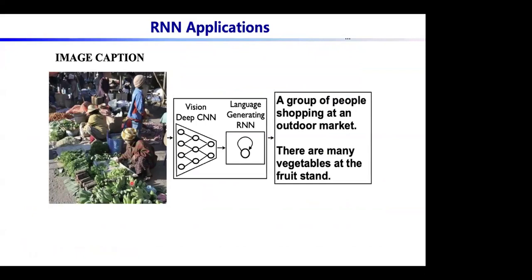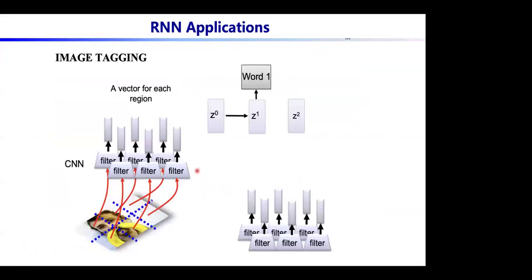The next application is image captioning. Image captioning means that we input an image and then we output the caption sentences and words, those kinds of things, like these examples. Essentially, words require multiple units, right?